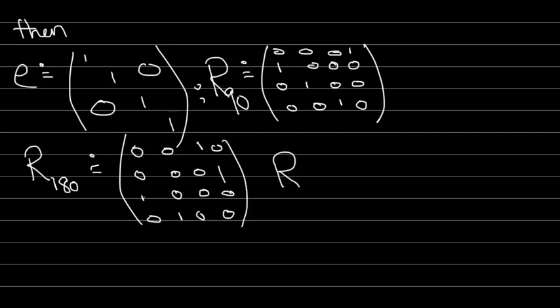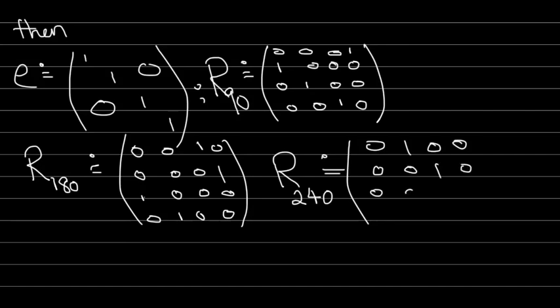Okay, and then you can have R270, so rotation by 270 degrees. That matrix would be 0, 1, 0, 0, 0, 0, 1, 0, 0, 0, 0, 1, 1, 0, 0, 0. Right? Okay, now all these matrices are going to behave as expected, right?